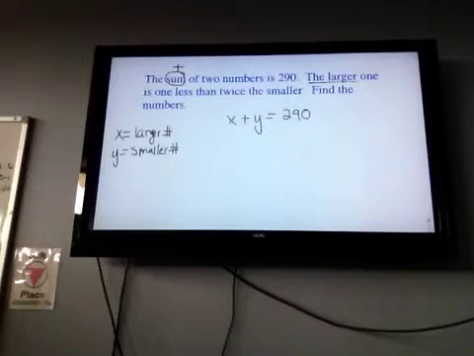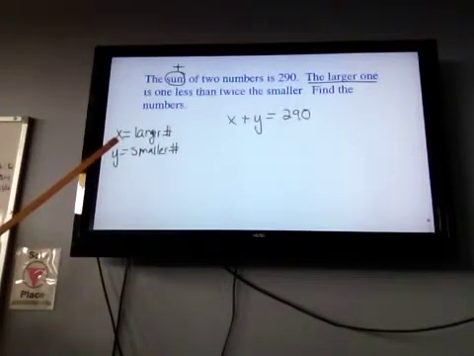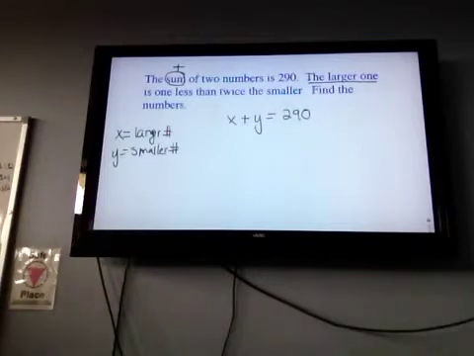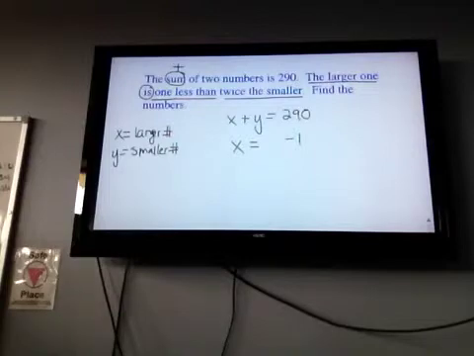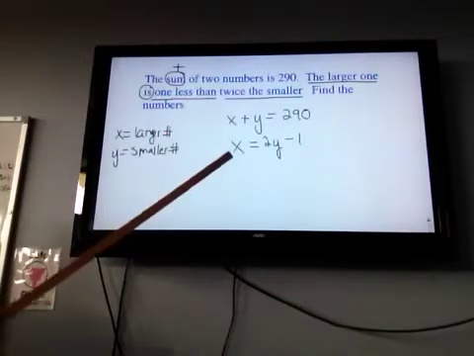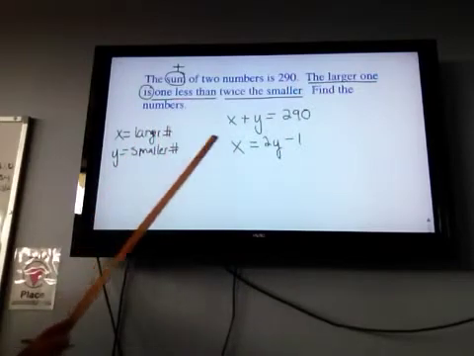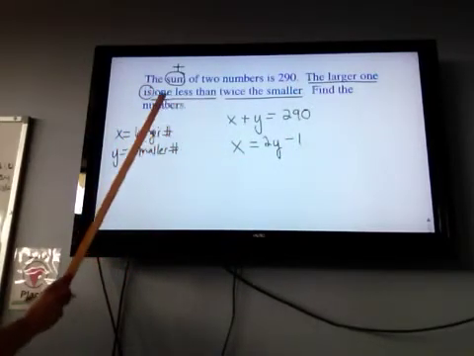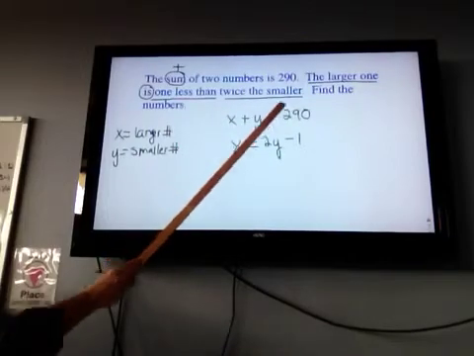The larger one, X, equals 1 less than, so that's subtracting 1 from twice the smaller. Twice means to multiply something by 2, so 2y. Write it as you read it: the larger one, X, equals 2y minus 1.